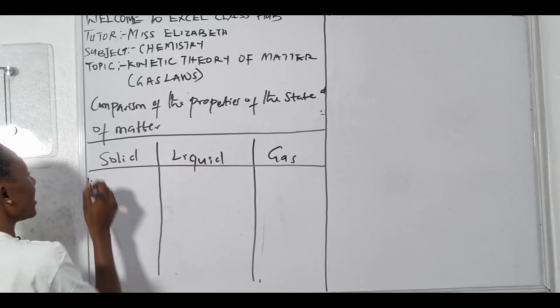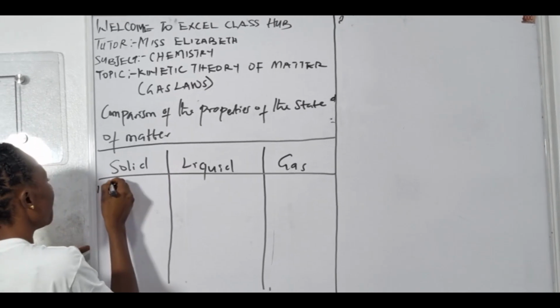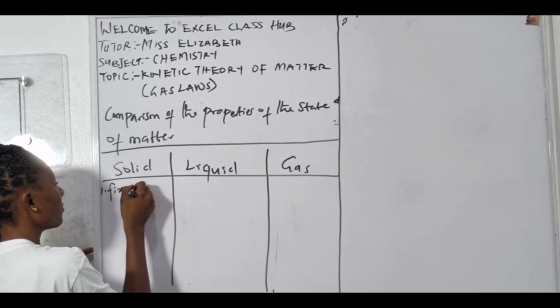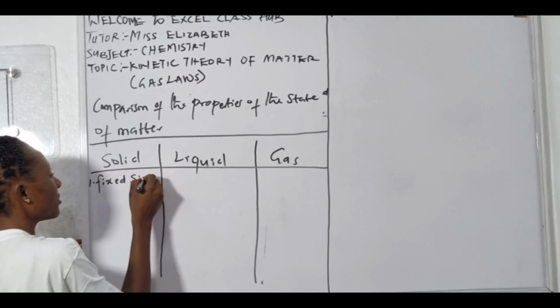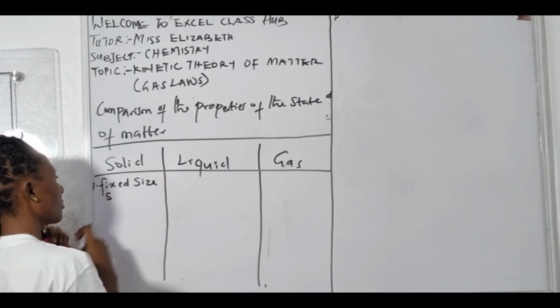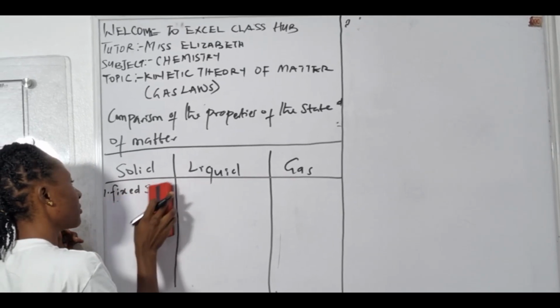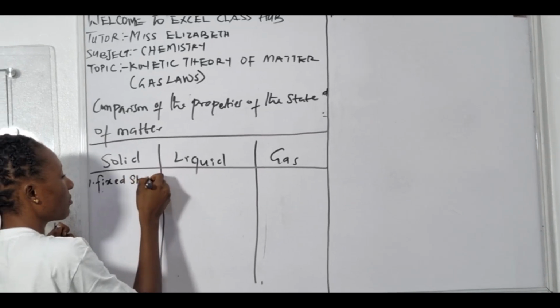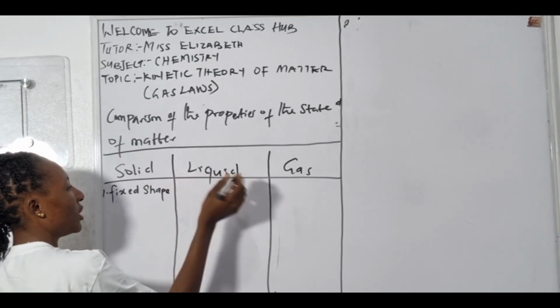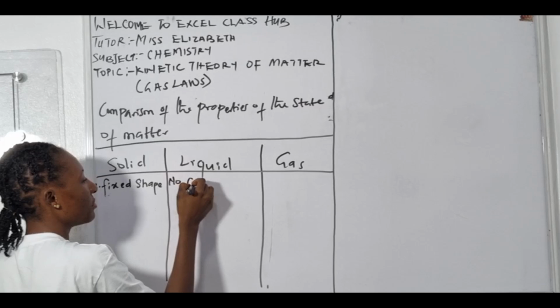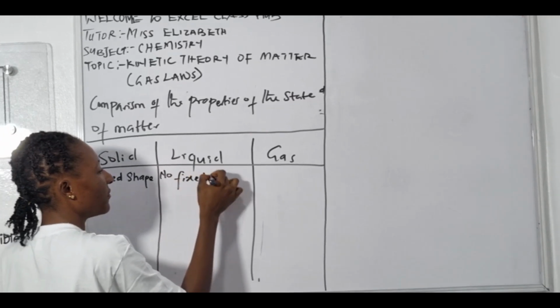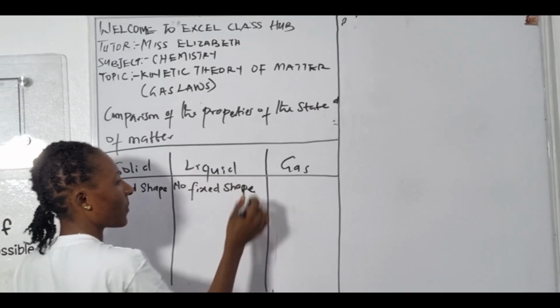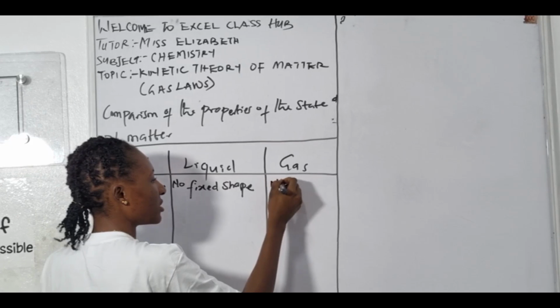The first one is that solid has a fixed shape. For liquid, no fixed shape. For gas, no fixed shape.